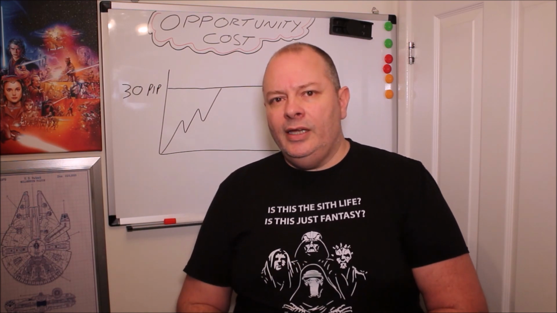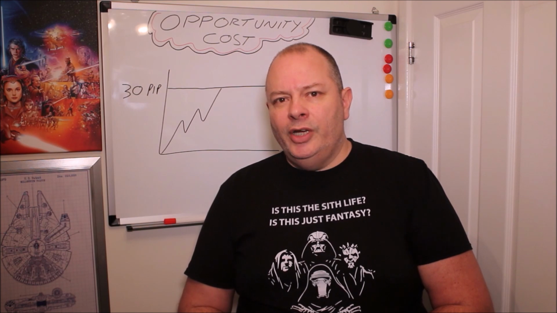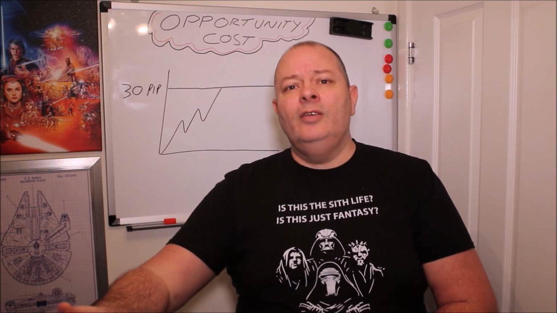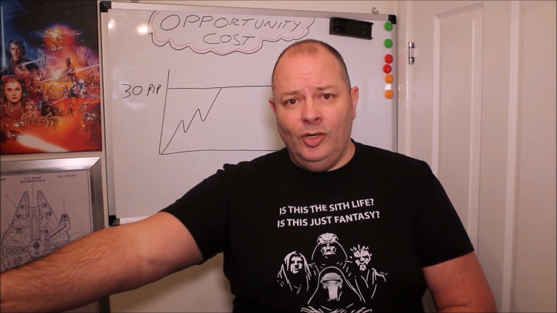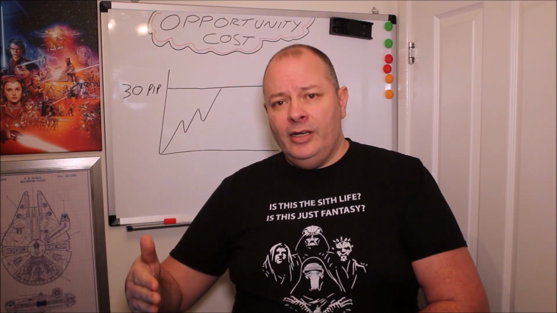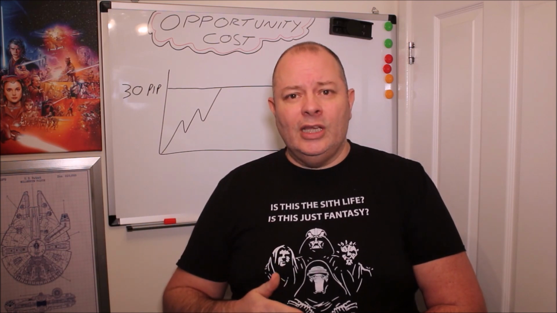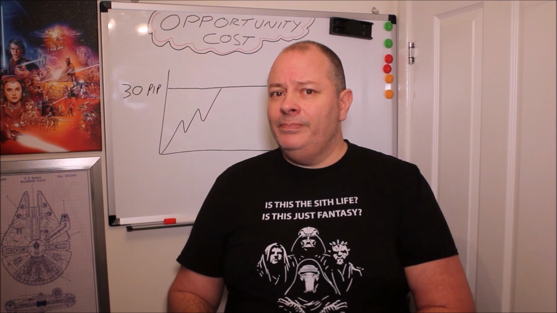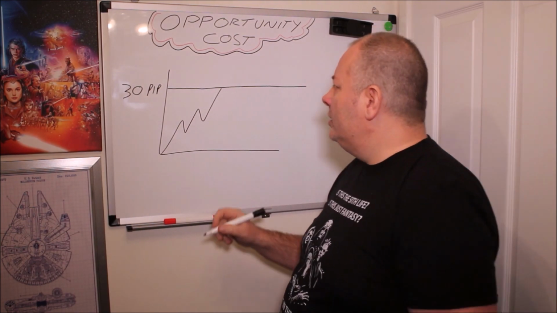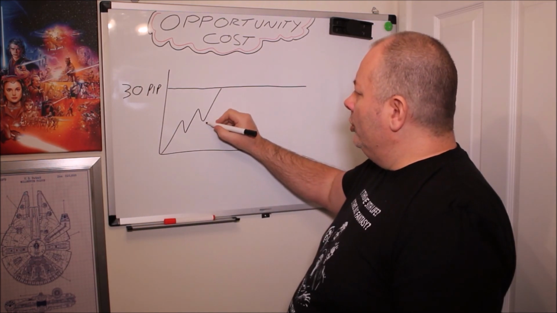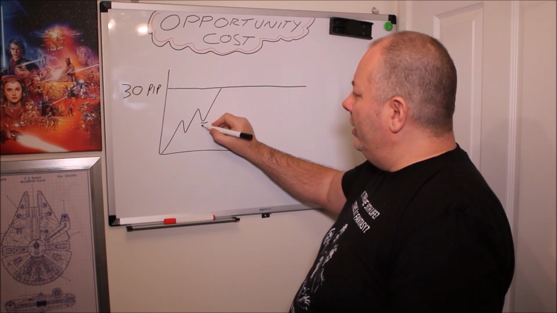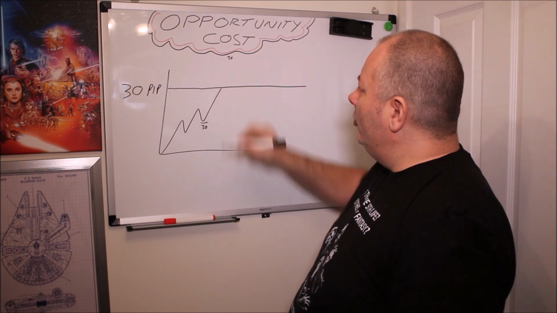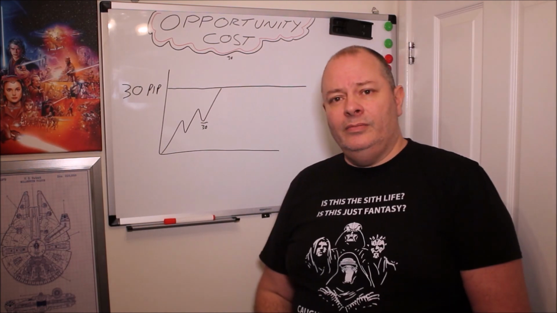But how many times do you enter a trade, it goes for you halfway, goes back to where you've come from, goes way past your entry point, then comes back, and then goes down a little bit, and then back up again? Happens all the time. So let's have a little exercise. We're just going to assume that underneath there is 30, and we've got another target up there at 30.